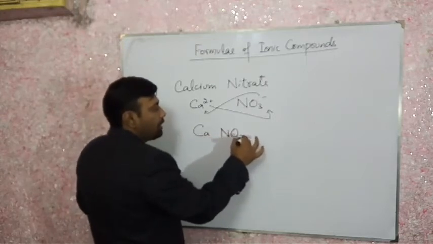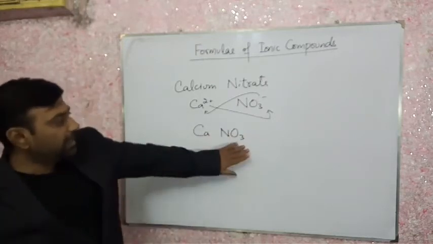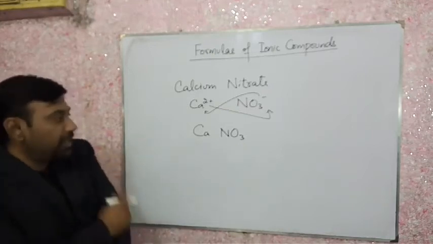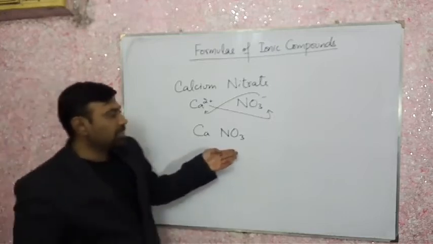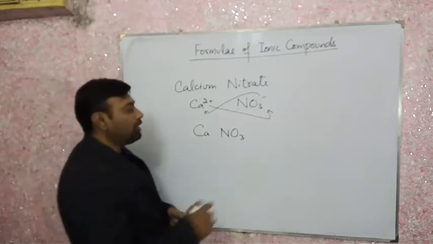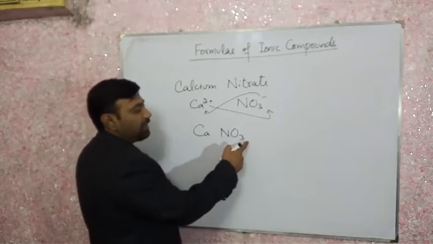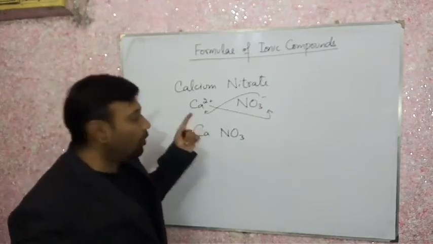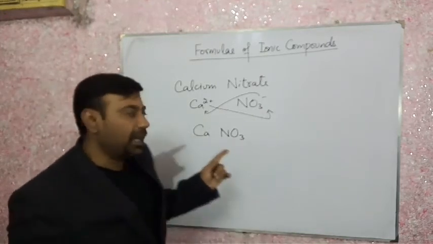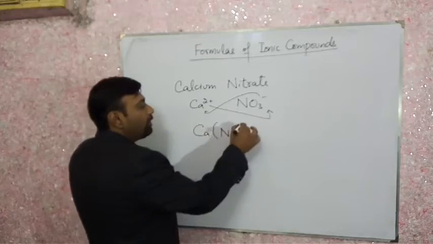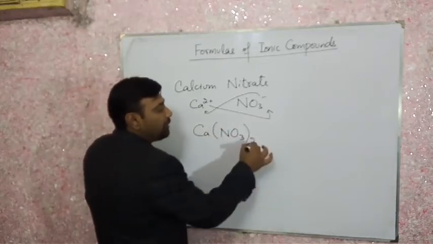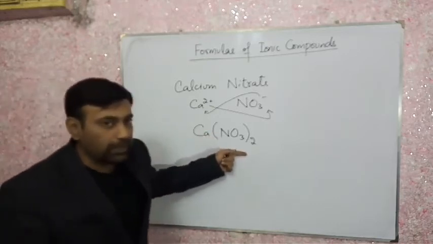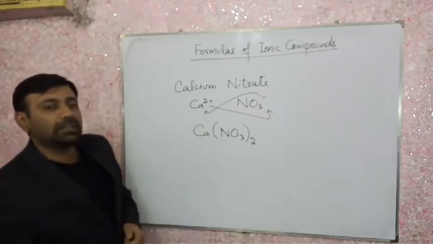But in this case, the negative ion has more than one atom. So if we put a 2 directly here, that would represent that the 2 is only with oxygen, not with the nitrogen. But we have to involve all the atoms in the ion. So we would put a bracket on the nitrate ion and then put a 2 here. Ca(NO3)2. This is the correct formula of calcium nitrate.